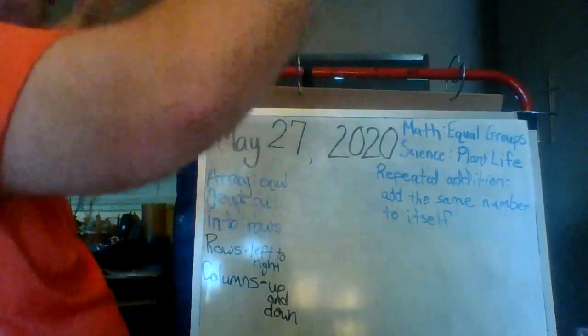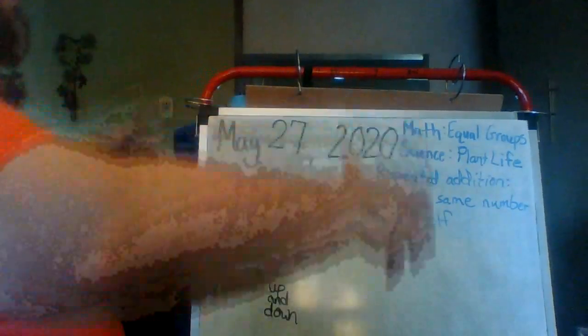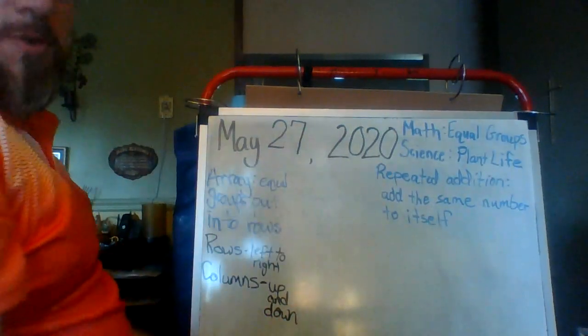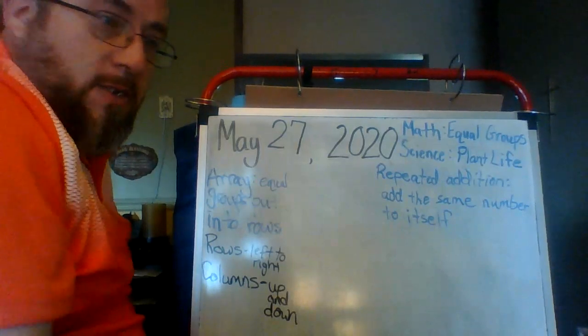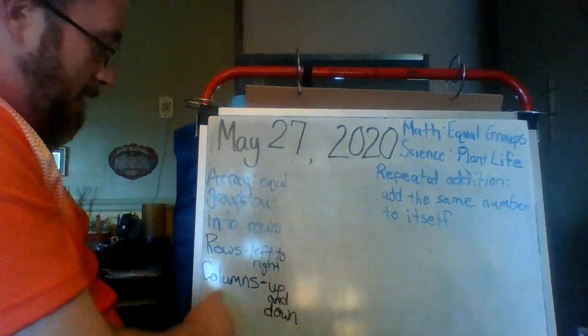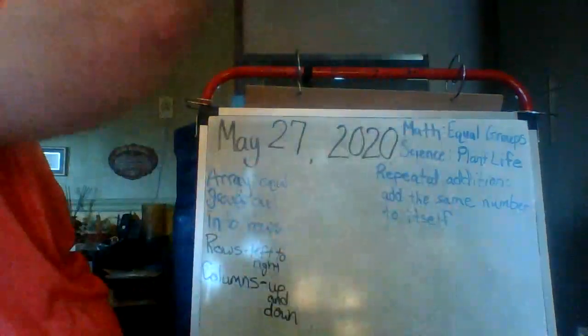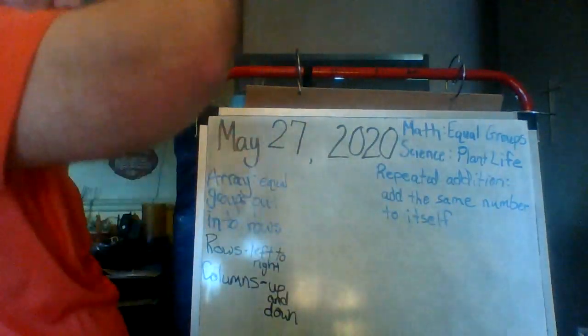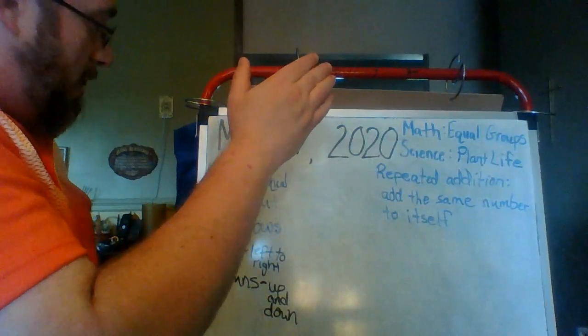Buildings will sometimes have columns out front, big round pillars that go straight up and down, and those are also called columns. So I kept that in my mind anytime I was thinking about arrays and remembered that since columns on a building go up and down, they also go up and down in an array.